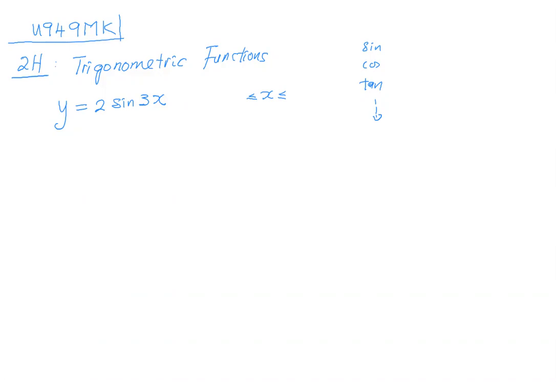Angle means anything inside the sin and cos. So this is called the angle. So it's not x. X is a variable, but the whole thing inside the sin, that one is called the angle. Clear? So if I say the x value is from 0 to 2 pi.